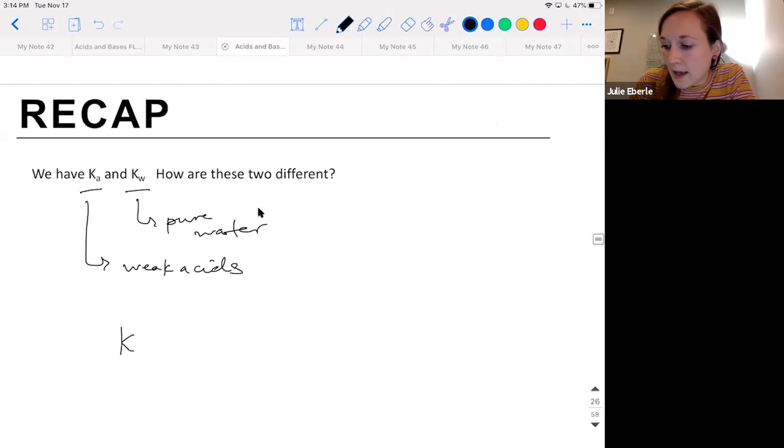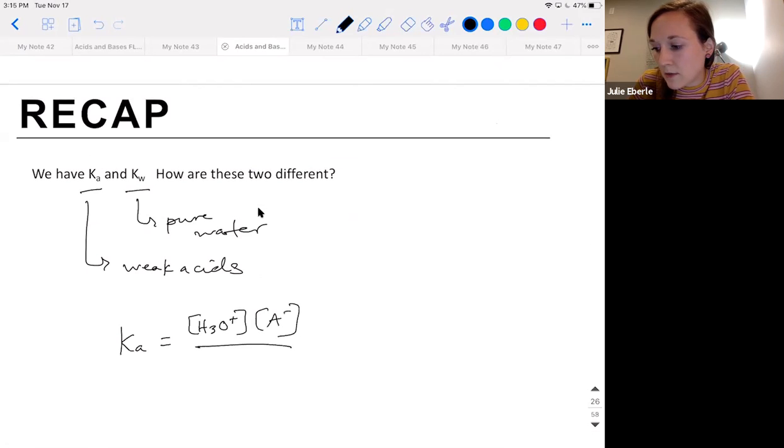Ka, if you remember, is the concentration of H3O plus times the concentration of the conjugate base divided by the concentration of the weak acid. And this is generalized, that's why it's just A minus and HA. You could plug in any weak acid there, like acetic acid. Any weak acid on that big table from earlier, you could plug into this equation.